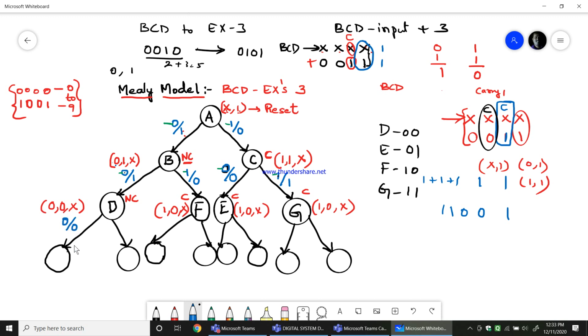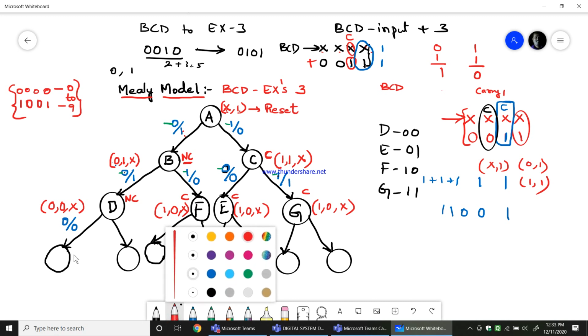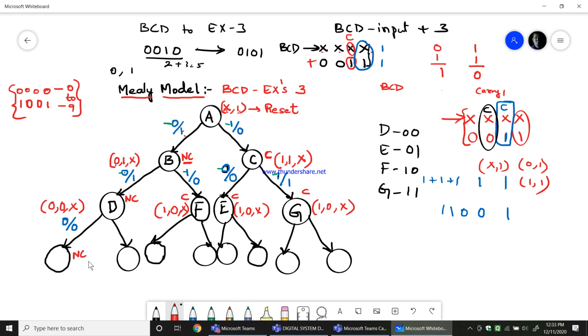Okay, now if input is 0, 0 plus 0 plus 0 is 0, therefore it is 0 comma 0, so this would be the no carry condition we get. Similarly, if input is 1, 0 plus 0 plus 1 is 1, therefore 1 comma 1, which is again no carry.